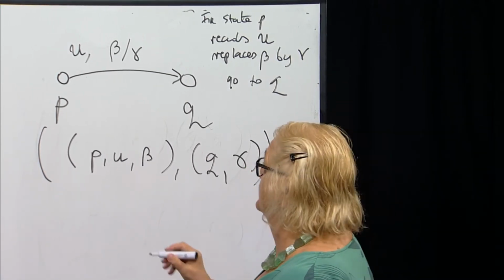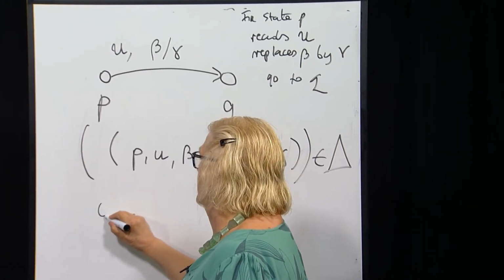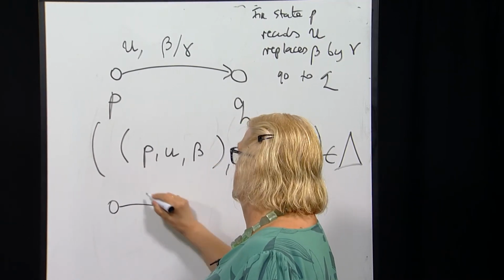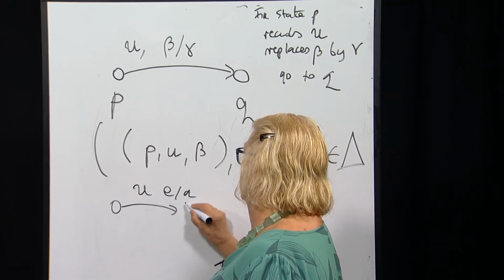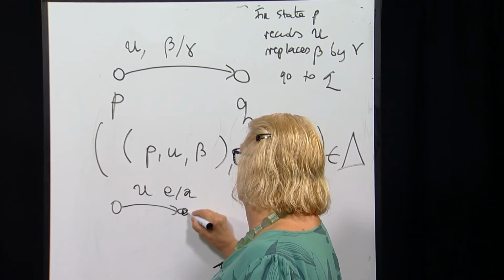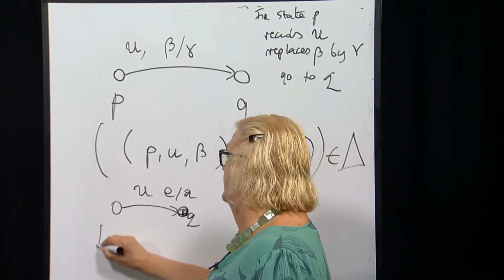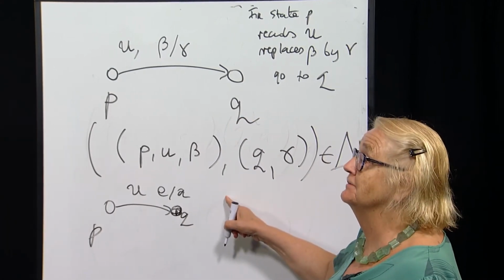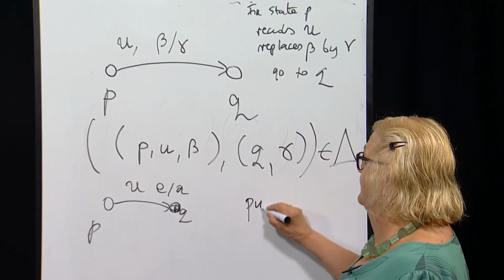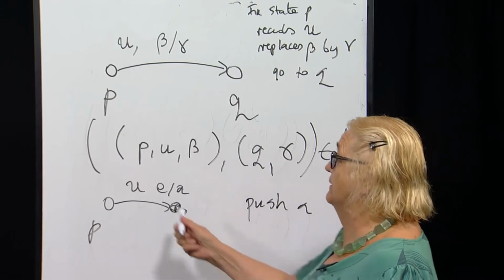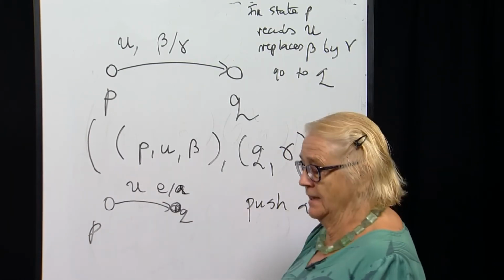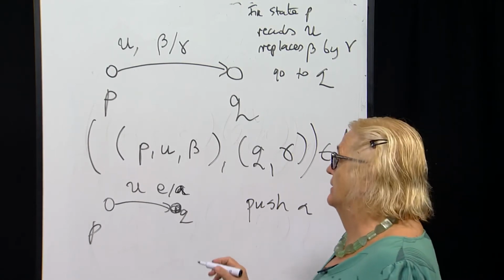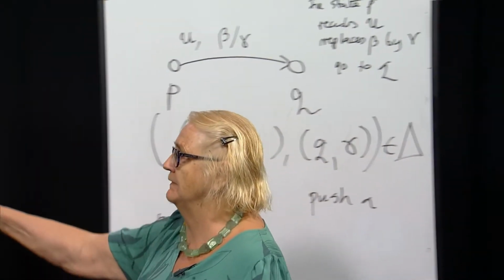And of course, if I write u, epsilon, a, Q, it means push a: read u, stack empty, and push a. And it is the same with the loop.